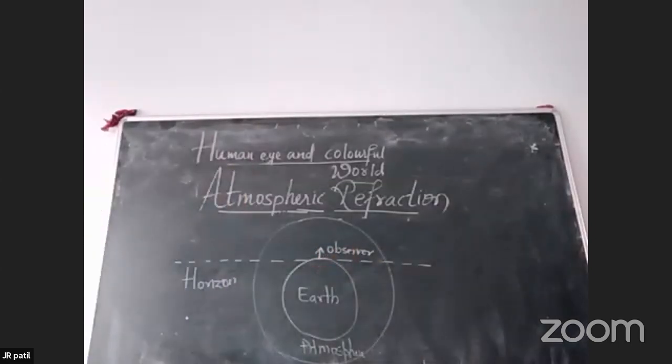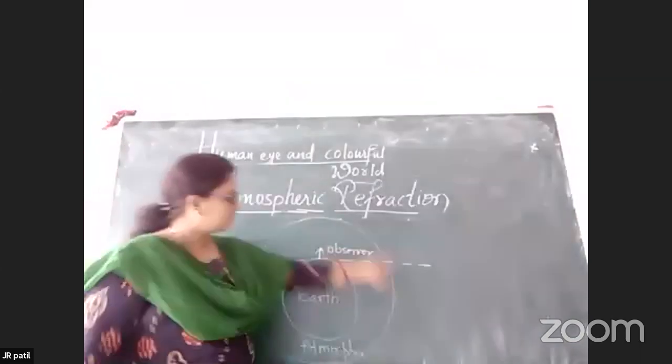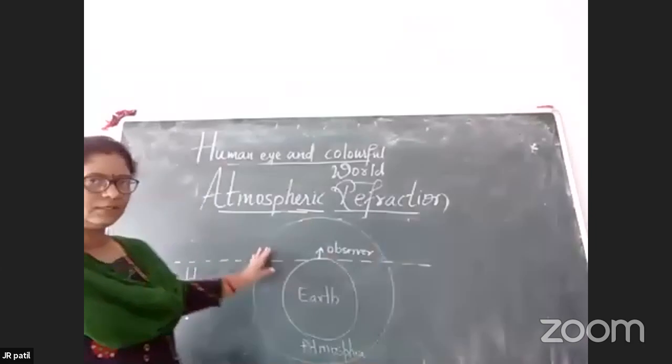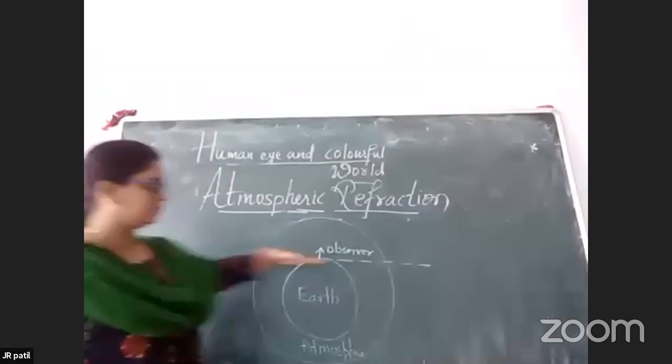Can you follow this diagram? This is the earth and this is the atmosphere around the earth, and the observer is here, and this is the horizon.